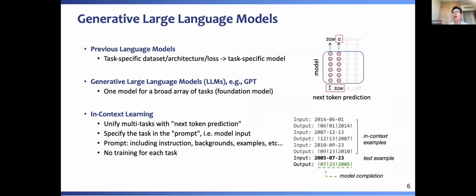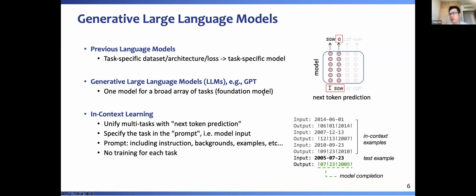On the other hand, we have already seen the advances in generative large language models. Previous language models used task-specific datasets and architectures to train a task-specific model, but GPT is different in that you can use this one model for a broad range of tasks.